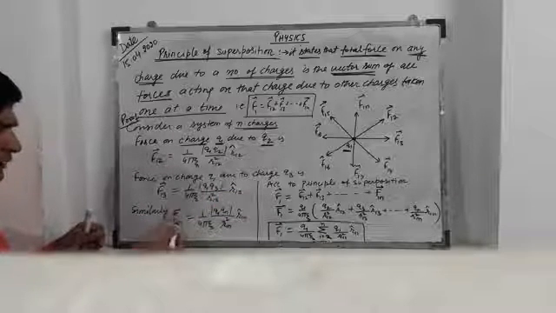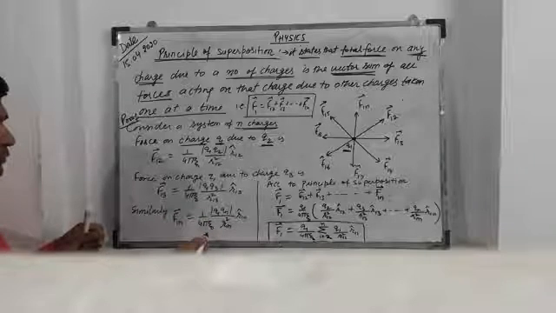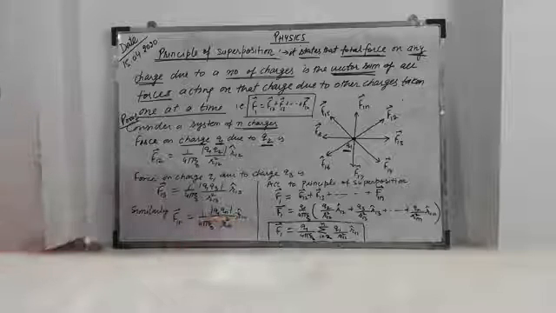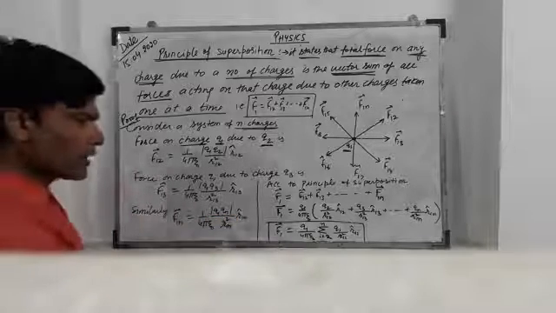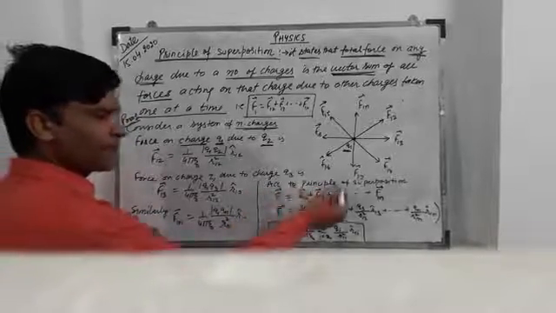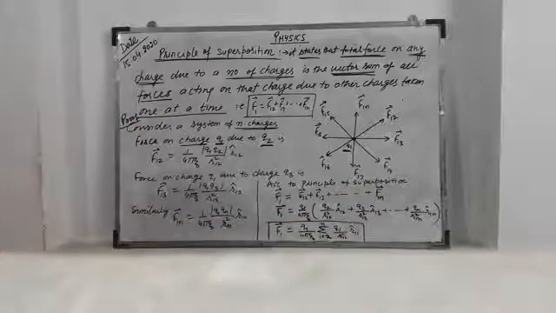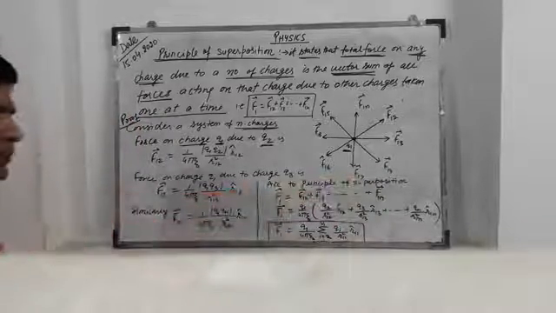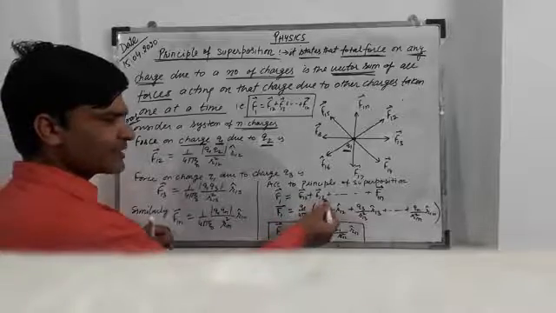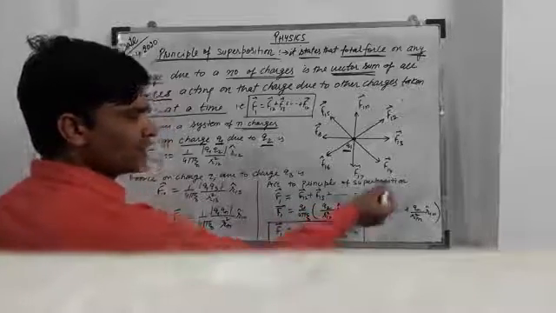Similarly, F1n is equal to 1 upon 4 pi epsilon naught Q1 Qn upon R1n square, R1n unit vector. Applying the principle of superposition, F1 is equal to F12 plus F13 up to F1n.